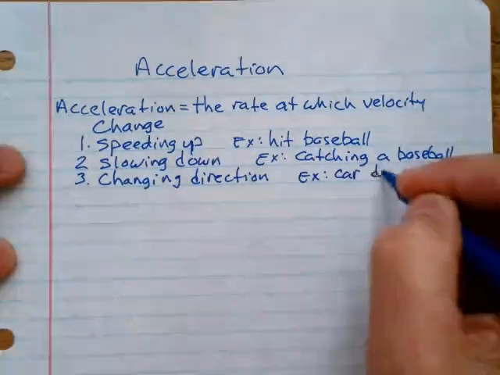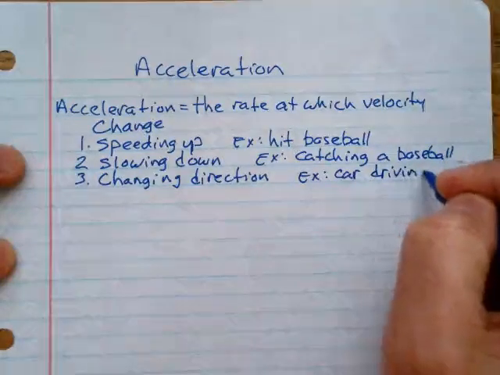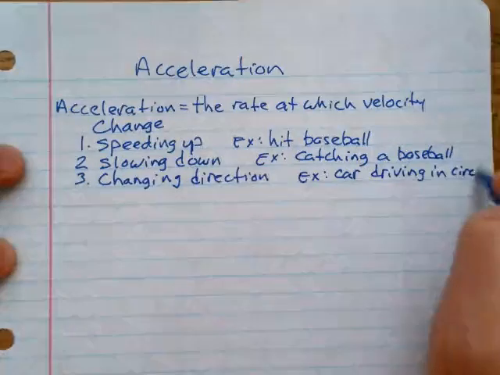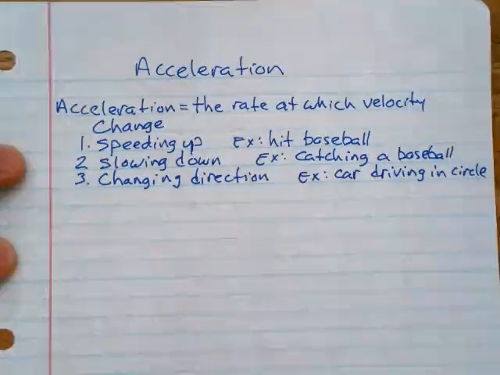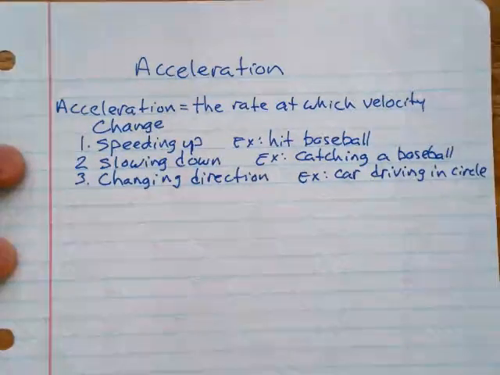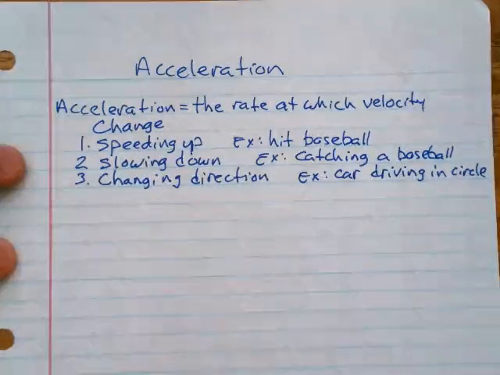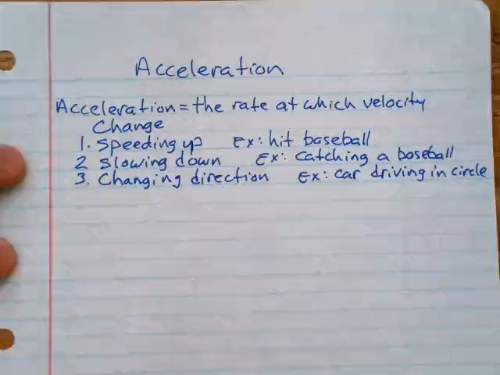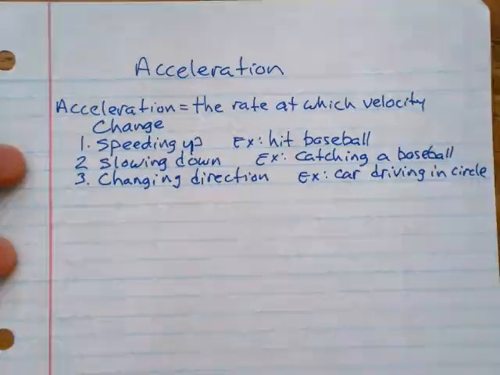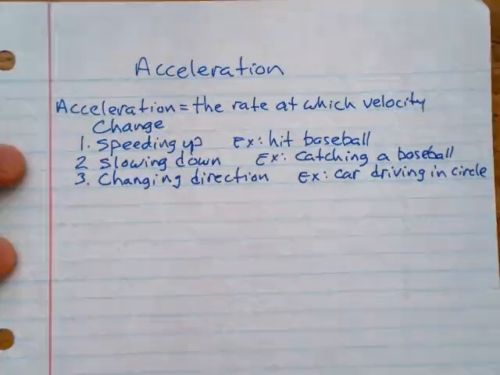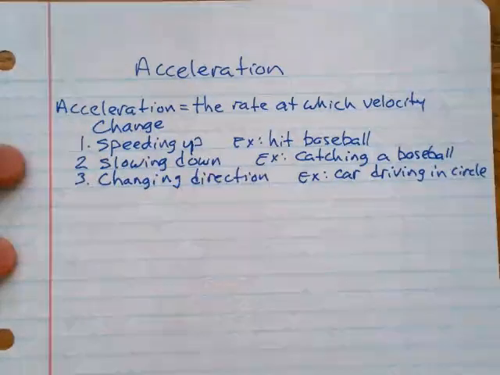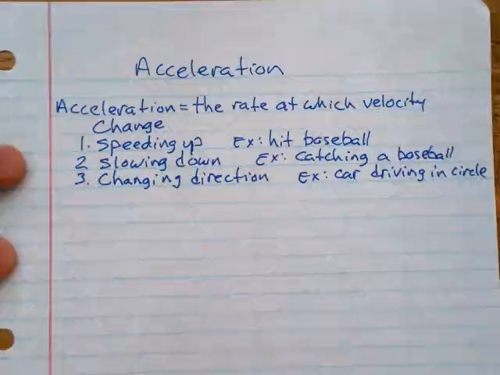A car driving in a circle is continually accelerating. So those are the three things. Acceleration is a change in velocity, and velocity is speed in a given direction. So acceleration is speeding up, slowing down, and changing direction. For most of these notes, we're going to focus on the slowing down and speeding up, and calculating, quantifying the acceleration.